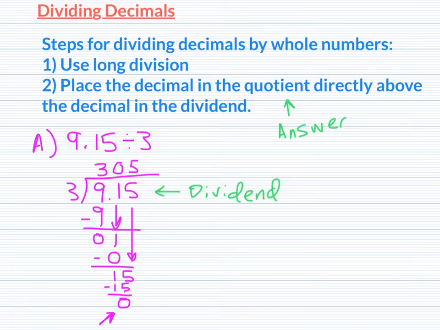I just need to put my decimal in the right spot, and just like it says in step number 2 there, we just place it directly above. So it is going to go right between the 3 and the 0. So my answer to this problem is 3.05. So just regular long division, and we put the decimal in the answer directly above where it is in the problem.